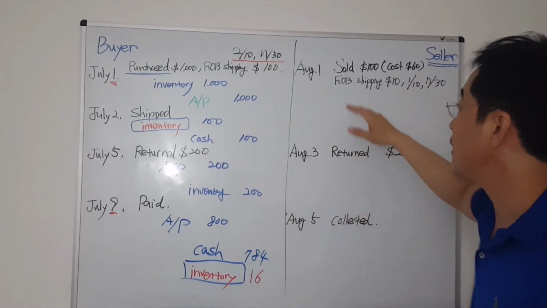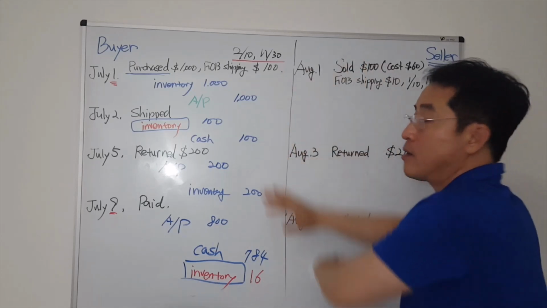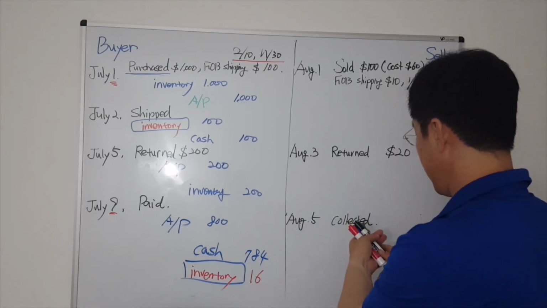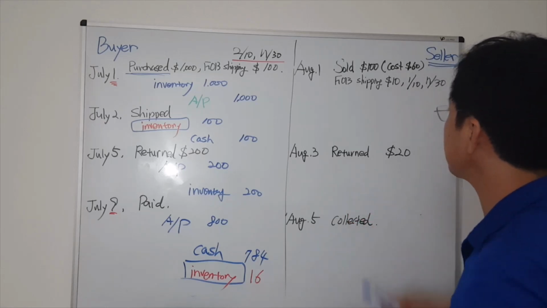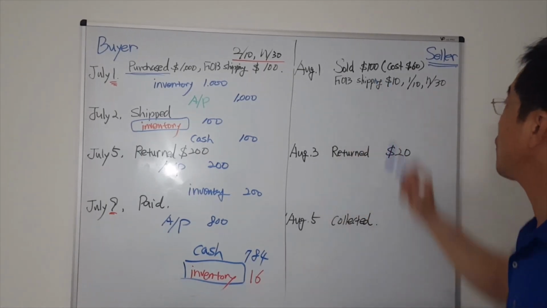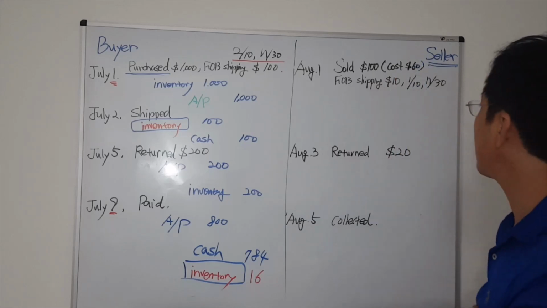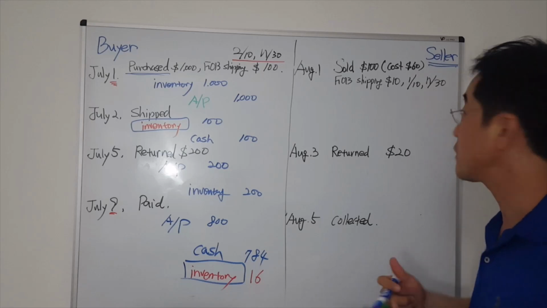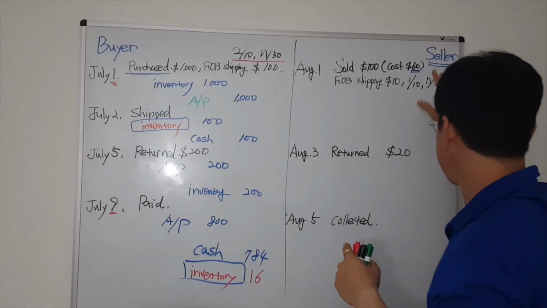So let's make a journal entry from the seller's point of view, and then I can explain the buyer's and seller's points of view at the same time. August 1st, I sold $100. At the time, the cost of the $100 sales price was $60. How did we get the cost?